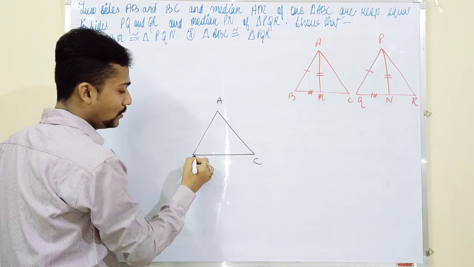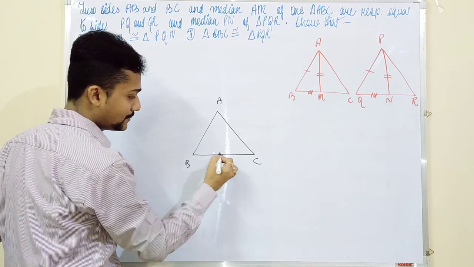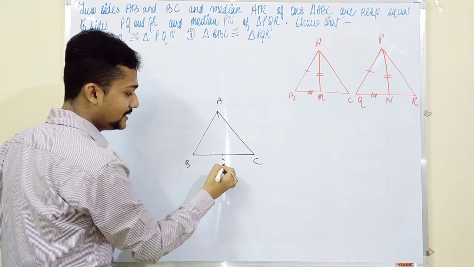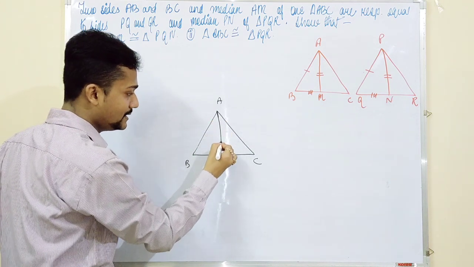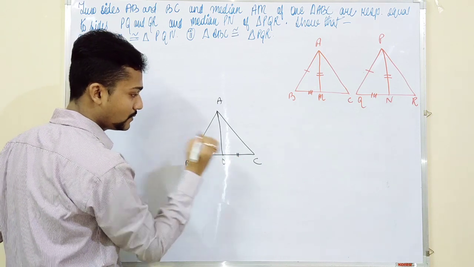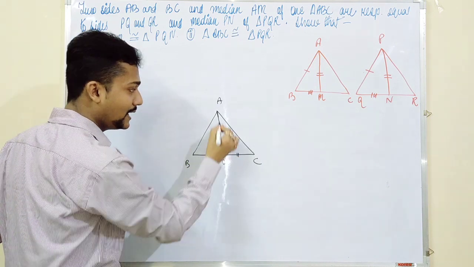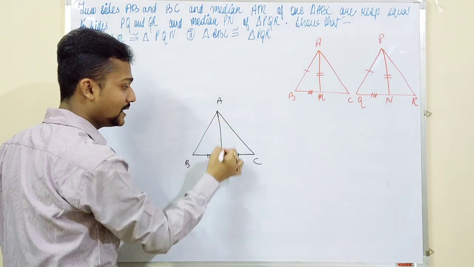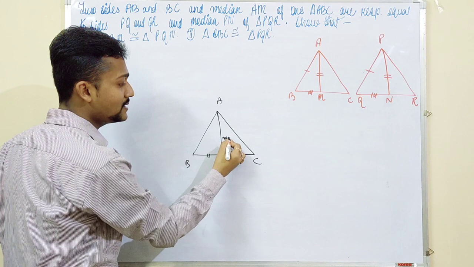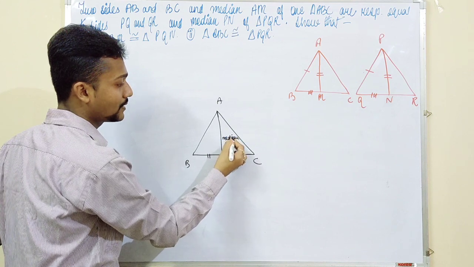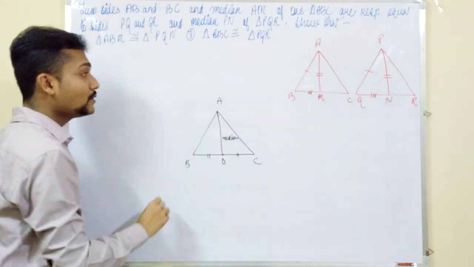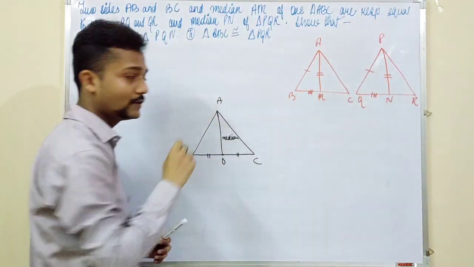I will take the midpoint of BC and name it as D, and I will join AD. So what do we get? This particular side is equal to this particular side because it is the midpoint, and the line that joins A and D will be known as median. So you have understood till this much? Now this particular concept we will be applying here.